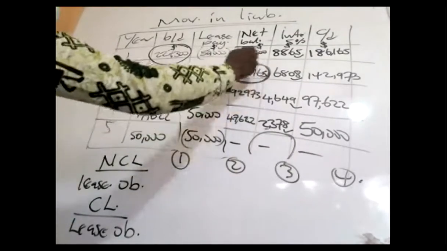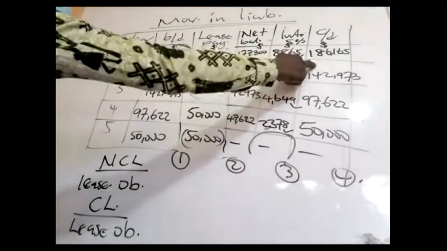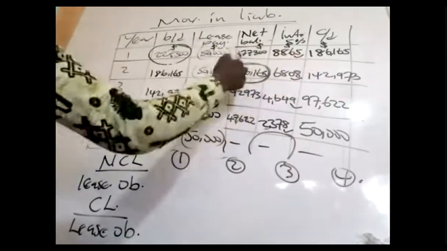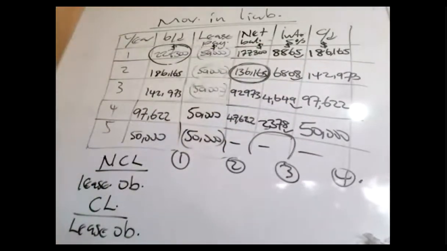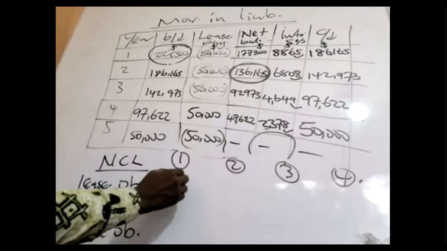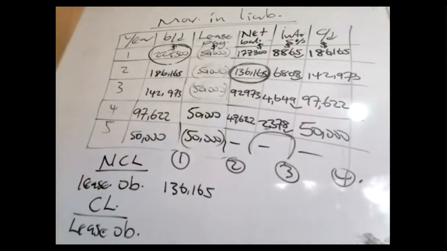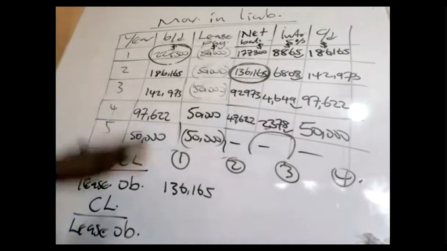That's the balance left after the last repayment. We don't say it is the closing balance. No, it's not the closing balance. It is the balance left after the last repayment. So at the end of the day, you get 136,165. That is the non-current liability for this table.